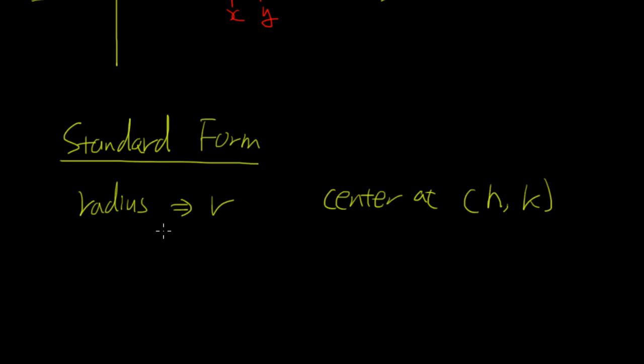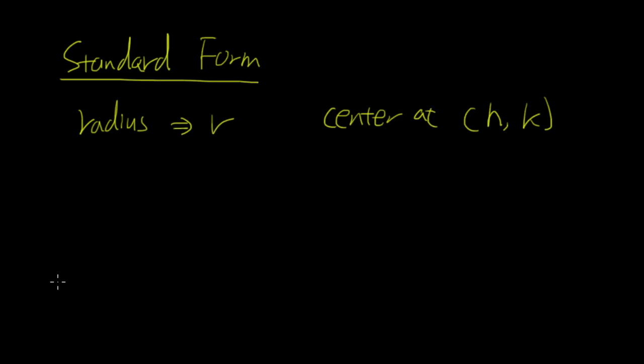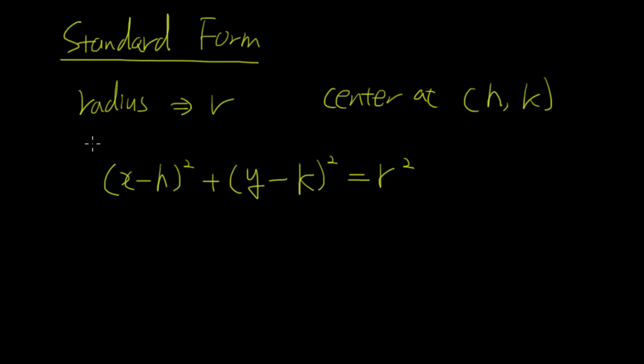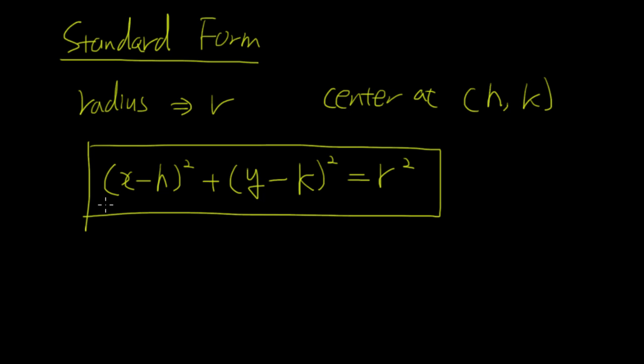If this is an actual equation of circle, this r and h and k are going to be actual numbers. So what does the standard form look like? Standard form looks like this: x minus h squared plus y minus k squared equals r squared. So this form right there is called the standard form.